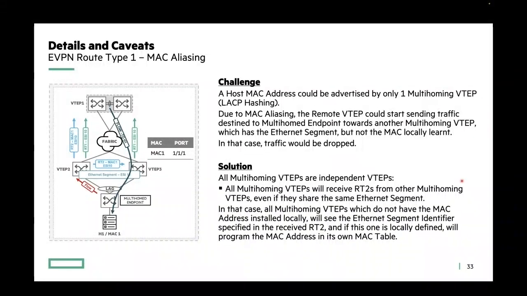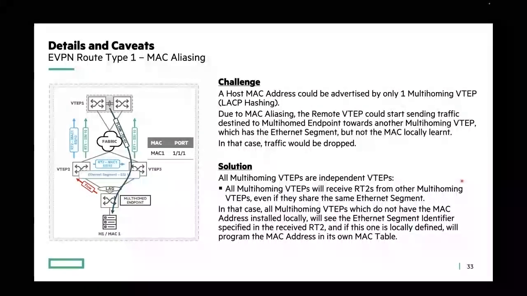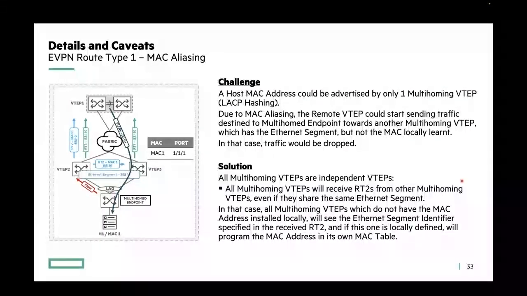Keep in mind that all multi-homing VTEPs remain independent VTEPs, receiving all EVPN routes sent by all VTEPs in the fabric, including the VTEPs which have the same Ethernet segment. So in that case, if we look at the diagram, VTEP3, which doesn't have the MAC address dynamically learned, so locally learned, will receive the RT2 from VTEP2.